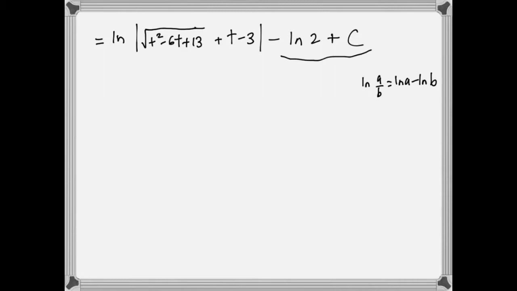If I take any arbitrary constant and I subtract ln of 2, I can just rename that constant to something else. In other words, I could write my final answer this way. You don't have to do this, but it is a little bit cleaner.